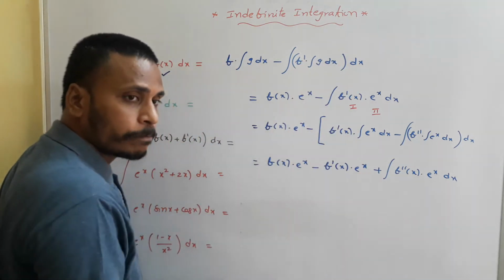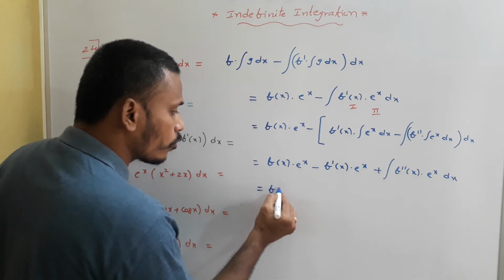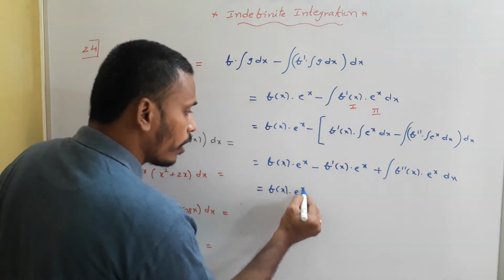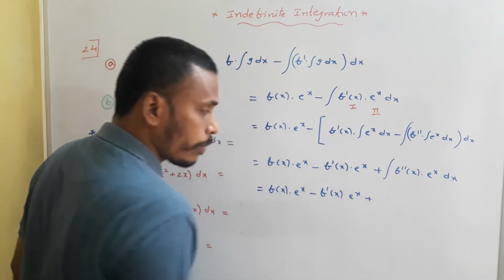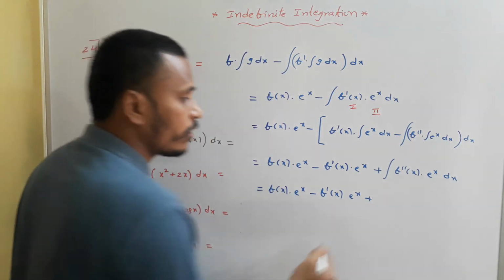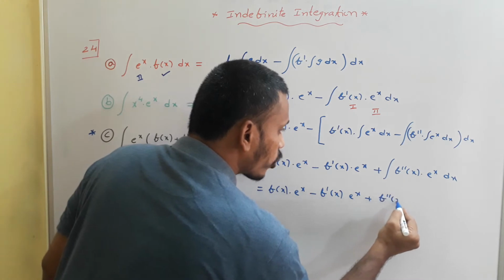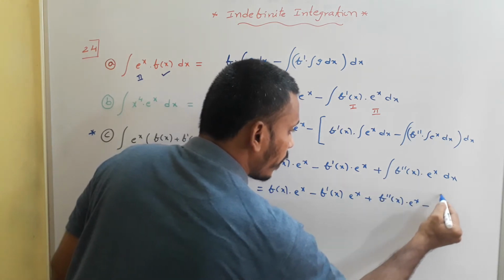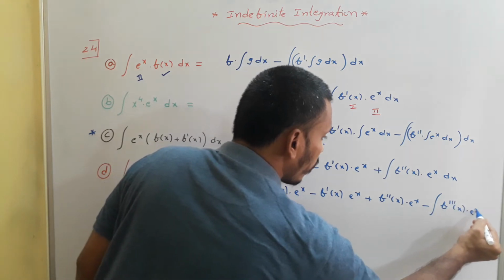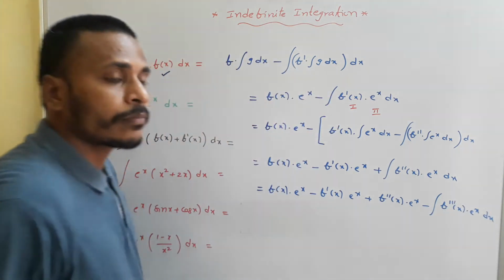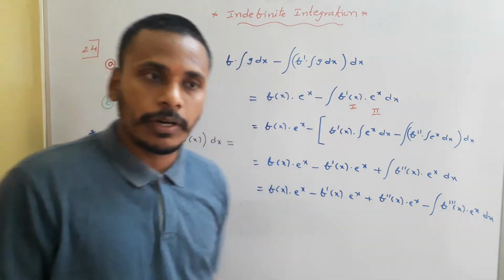If you proceed in such a manner, this equals f(x) e^x minus f'(x) e^x plus, if you apply integration by parts for this, f''(x) e^x minus integral of f'''(x) e^x dx. Again you need to apply integration by parts, again and again.